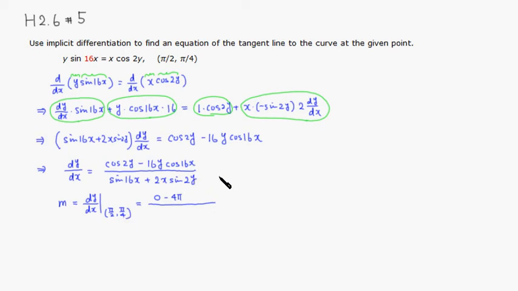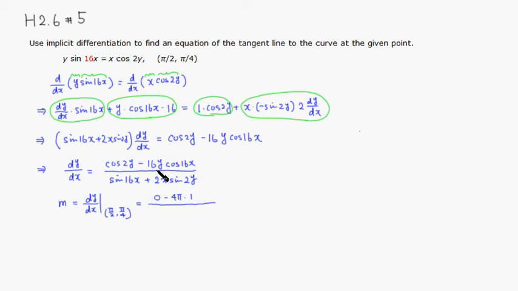Cosine of 4 pi is 1, so times 1. Actually, sorry, I made a mistake. It's cosine of 16 times pi over 2, so cosine of 8 pi, which gives you 1 anyway, so the answer was still the same.